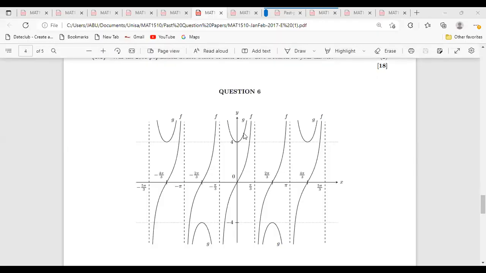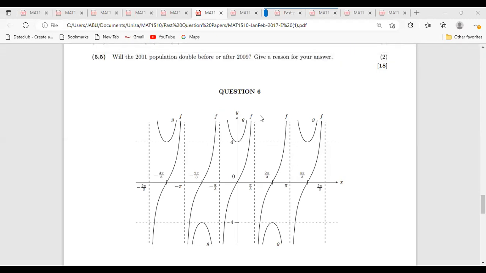So this is the graph. As I've said, this is the y-axis. So this graph is supposed to not touch this y-axis. It's supposed to go like that. Okay? So since it has now touched here, meaning that it has been shifted to the left.